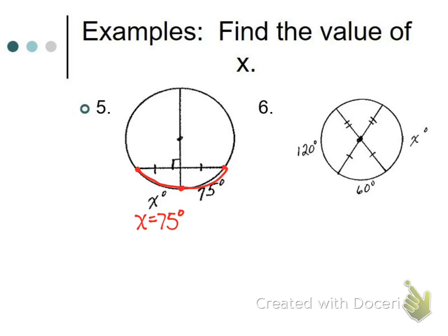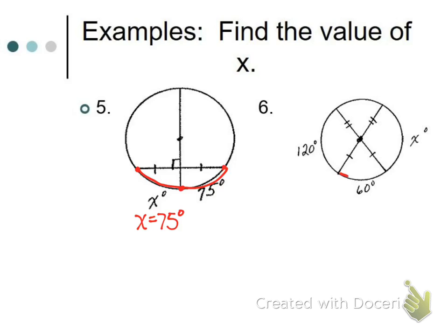All right, there are a couple different ways to think about this last one. First of all, we know that these lines are going through the center, so they are what kind of segments? Diameters. So we notice for sure this has to be a diameter, because if we add those two arcs together, what do we get? 180. 120 plus 60 would give us 180, right? So this has to be a semicircle.